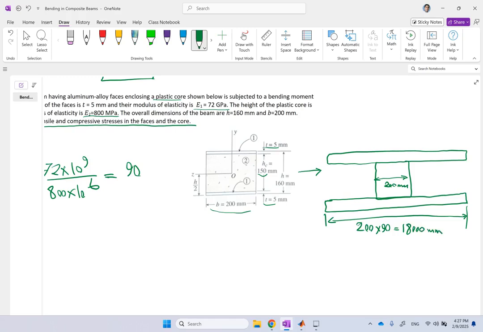Now you can assume it's all made of material 2 all over the place now, but with this huge I cross section as opposed to a rectangular one.